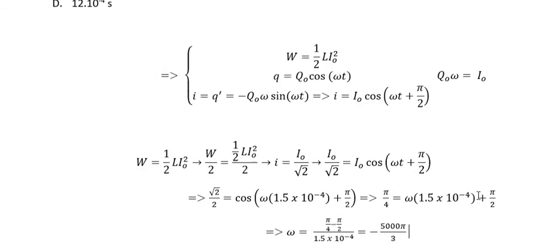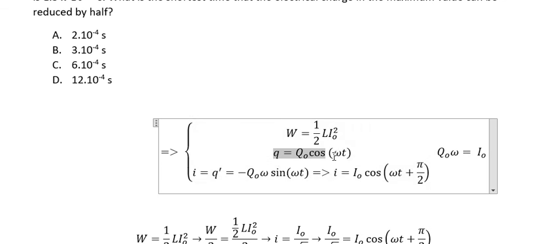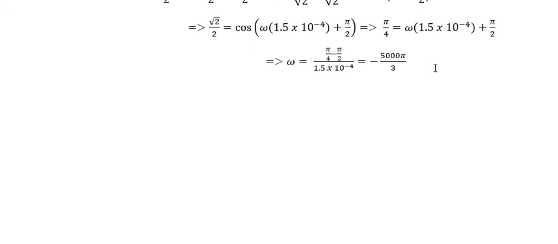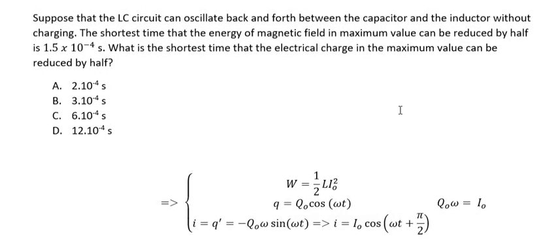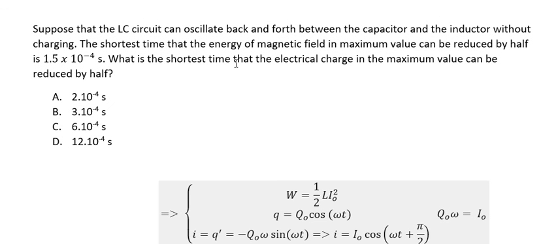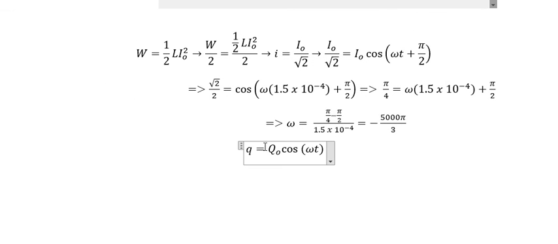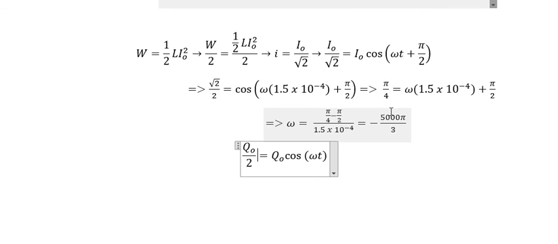Now we will input this formula in this equation. Now the question asks, what is the shortest time that the electrical charge at maximum value can be reduced by half? So for Q here, it should be Q naught divided by 2, and we put this number in here.